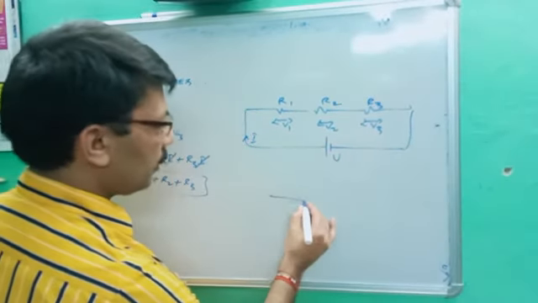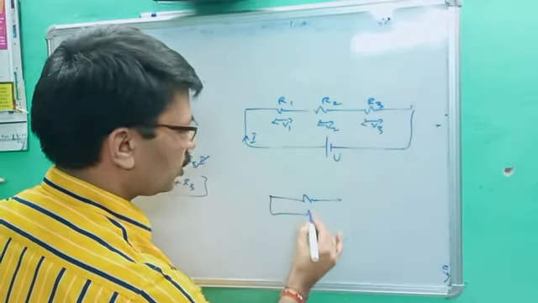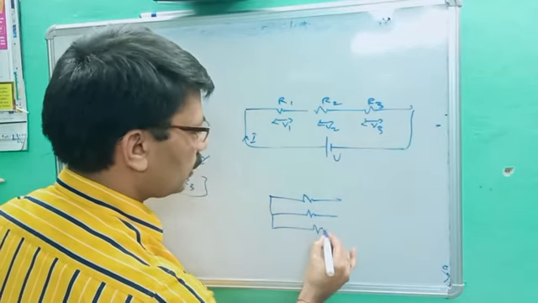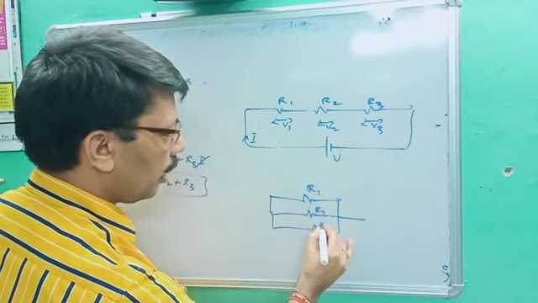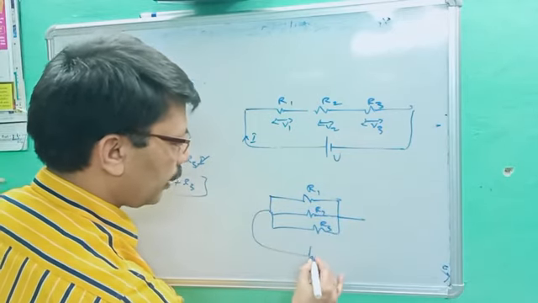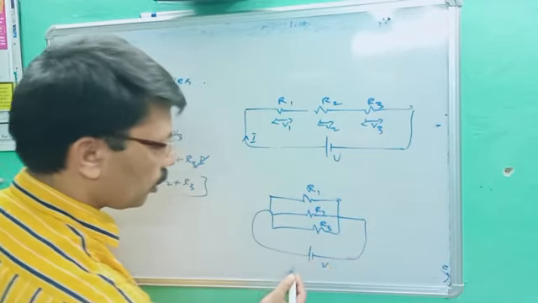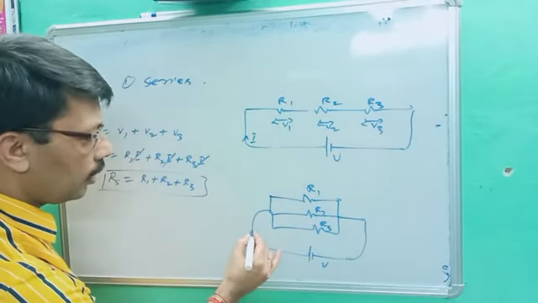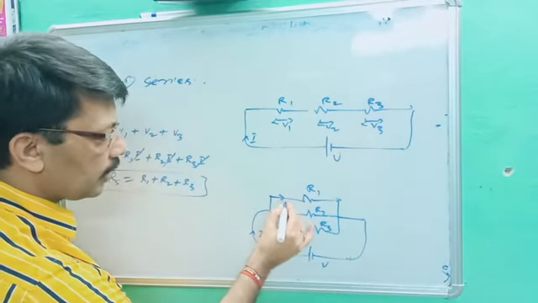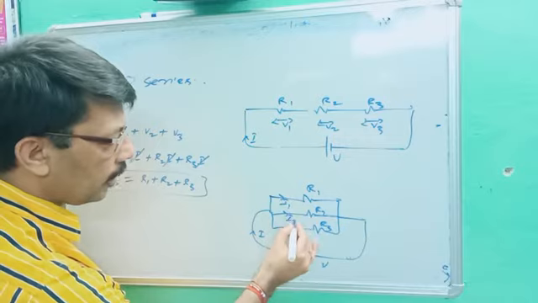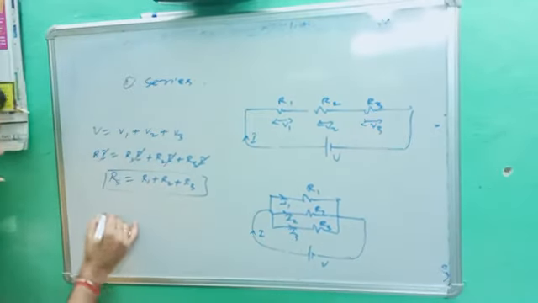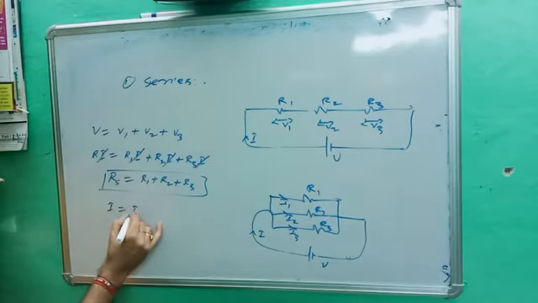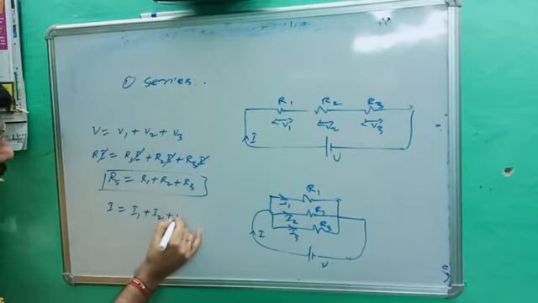In parallel combination, let's suppose these resistances R1, R2 and R3 are connected like this, and you connect them to potential V. Potential remains constant in parallel, but current divides into I1, I2 and I3. So the total current I is equal to I1 plus I2 plus I3.